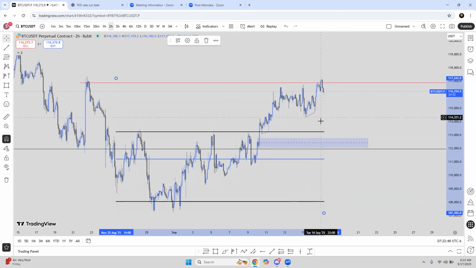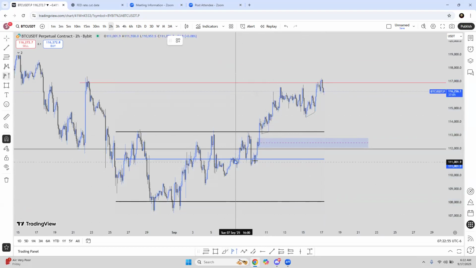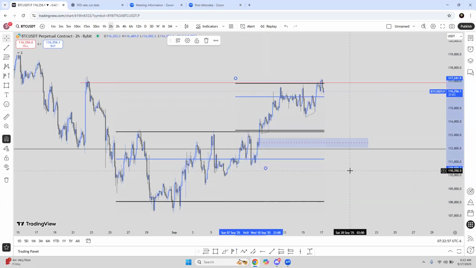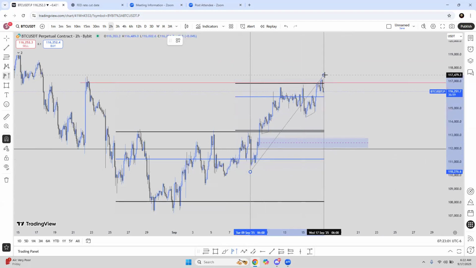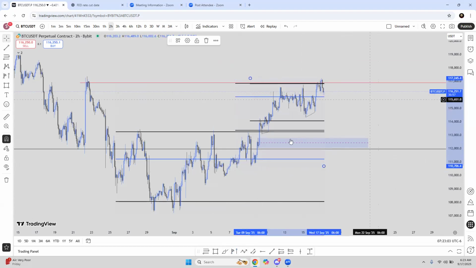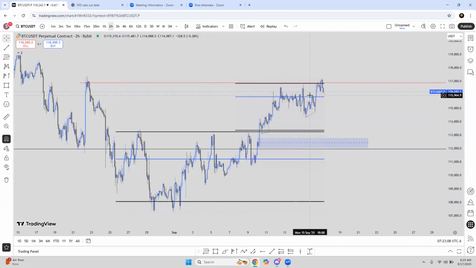This is lying below, and this is the value area high. Okay, what about this zone? This is above. What about this zone? So this zone, right now, value area high is here somewhere.